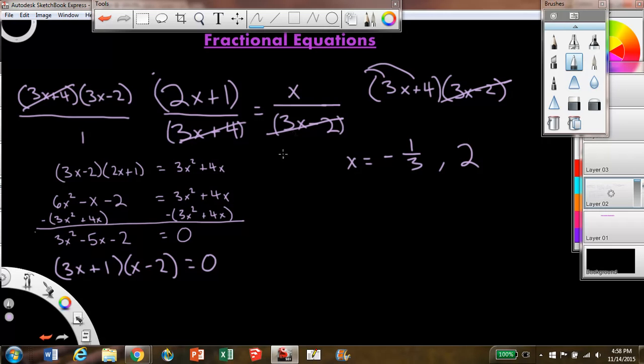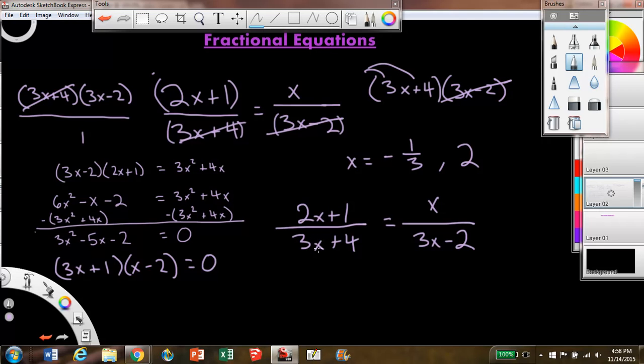So when I have (2x + 1) over (3x + 4), if I plug one of these numbers into these denominators and I get a 0, that's a problem. That's something we can't do. Remember, we can't divide by 0. So let's just do this by inspection.